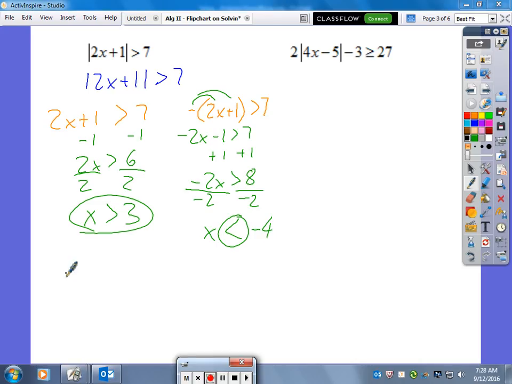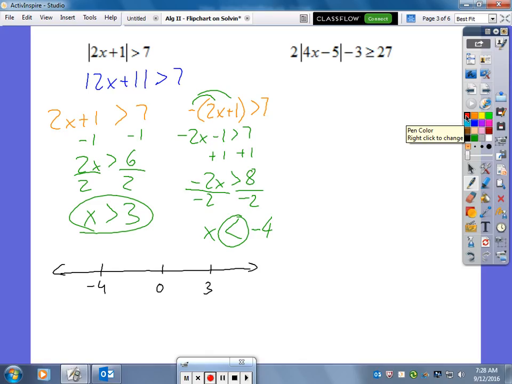On a number line, the solution set would look like this. From negative 4, here's our 0, positive 3. X is either less than negative 4, so we got an open circle on this side, the arrow pointing to the left, or it is greater than 3, another open circle, and the arrow points to the right.